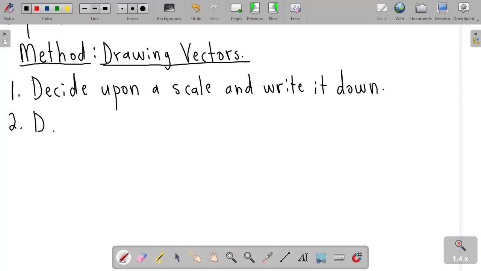Decide on a reference direction. That's the second thing we do.